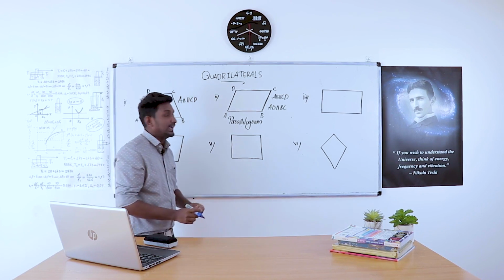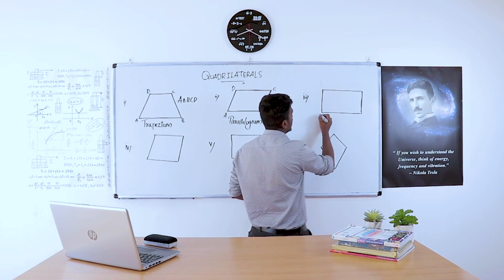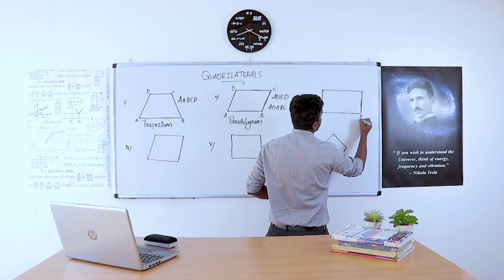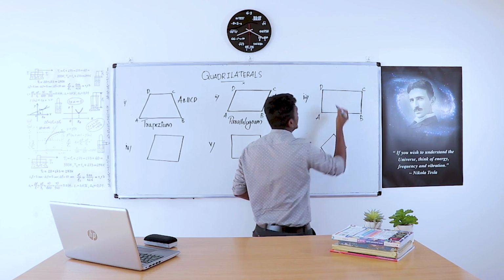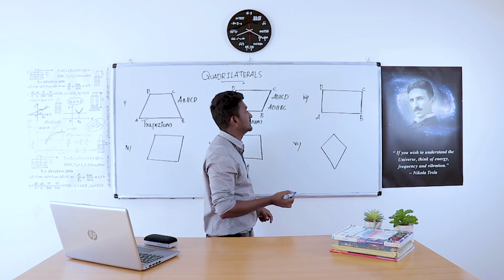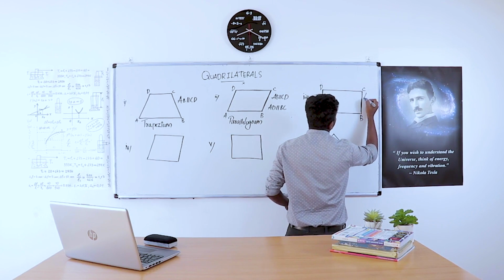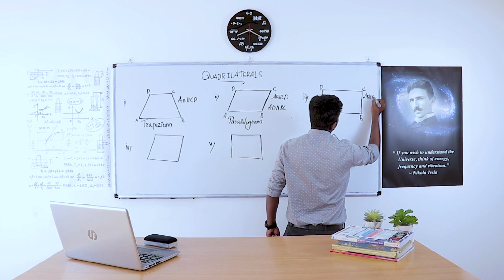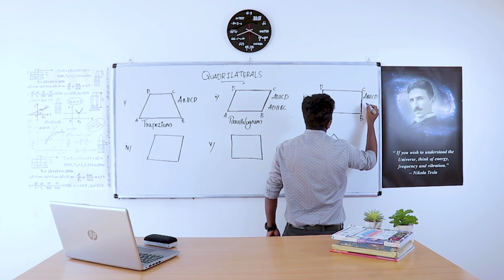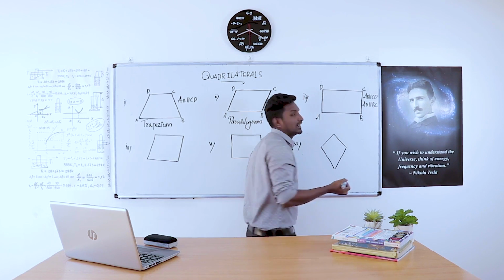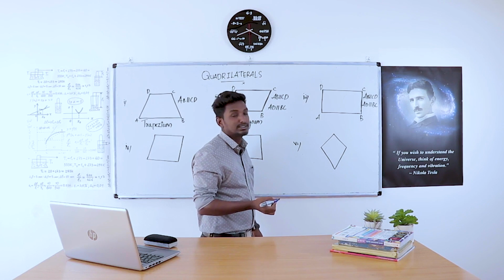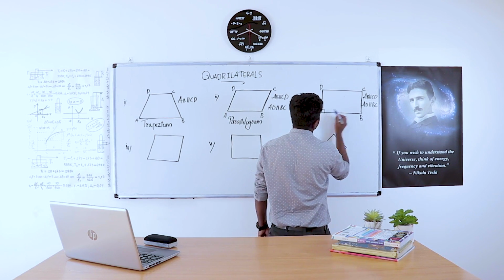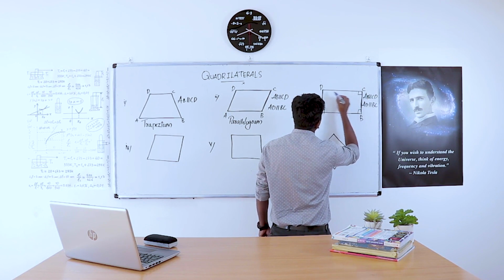Now moving to the third one, I'm also naming it A, B, C and D. Now what is the specific feature of this? First, AB is parallel to CD. Second, AD is parallel to BC. Any other features? Now look, all the angles are right angles.